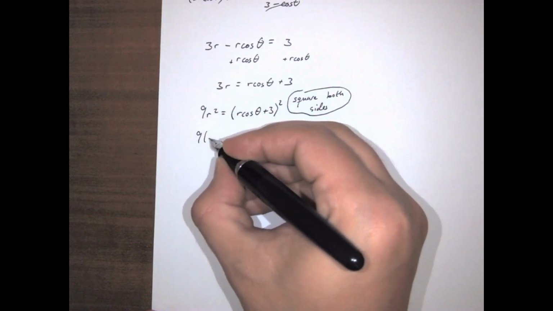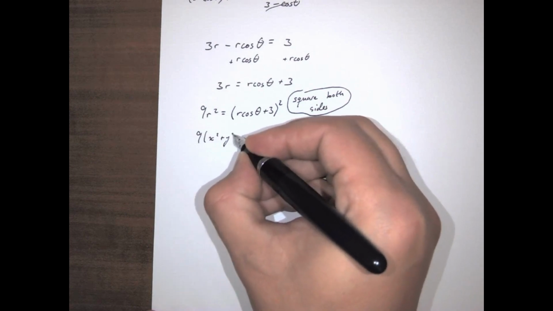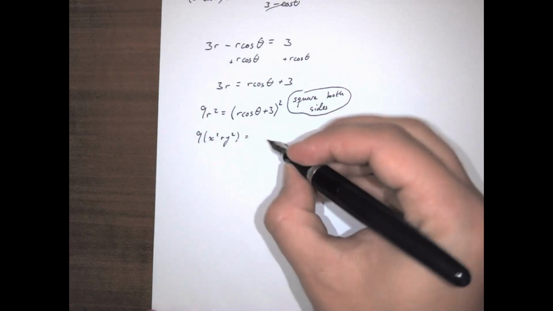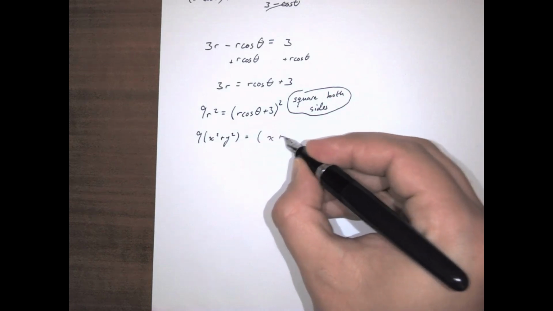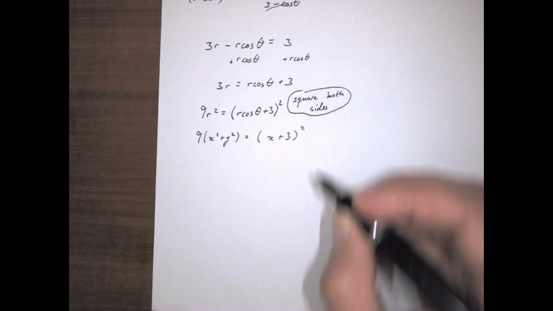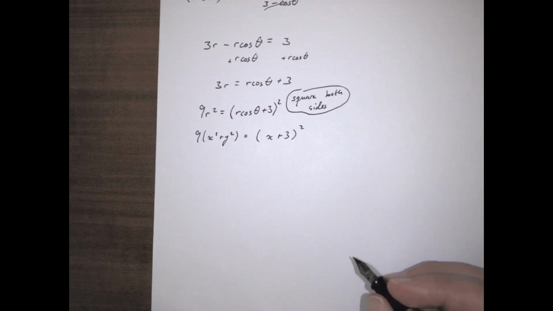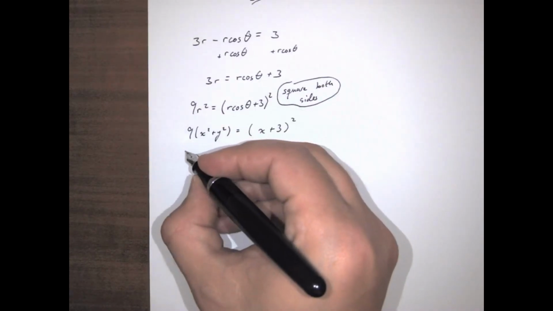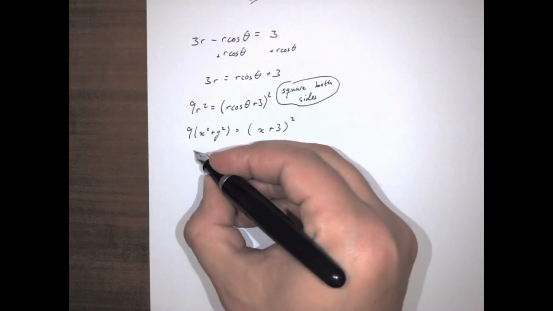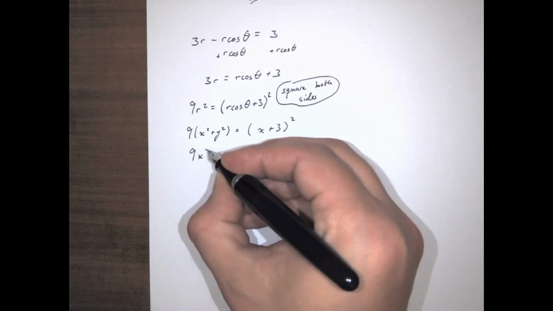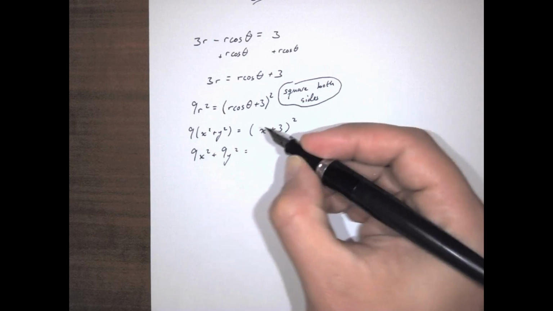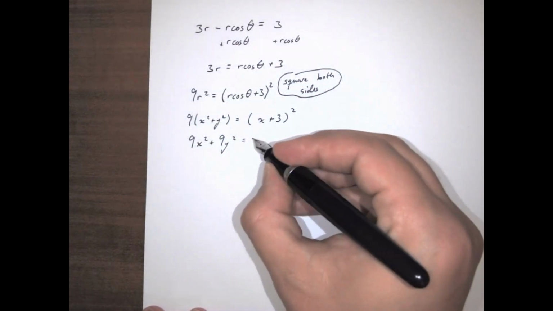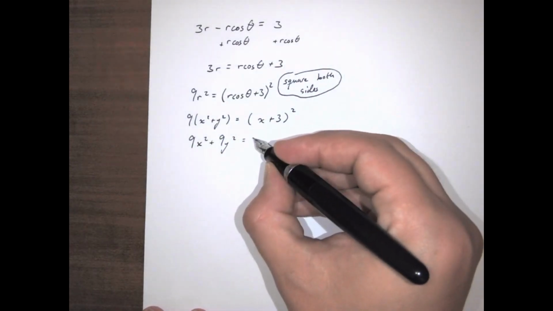So 9 times x squared plus y squared is equal to quantity x plus 3 all squared. Now, if I wanted, I could distribute this. 9x squared plus 9y squared is equal to x plus 3 all squared.